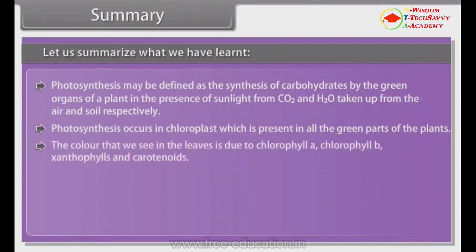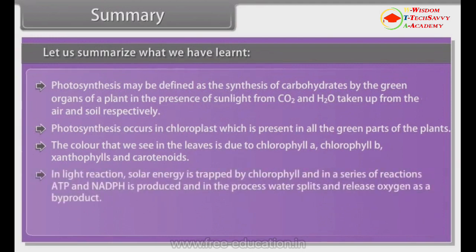The color that we see in the leaves is due to chlorophyll A, chlorophyll B, xanthophylls and carotenoids. In the light reaction, solar energy is trapped by chlorophyll, and in a series of reactions, ATP and NADPH are produced, and in the process, water splits and releases oxygen as a byproduct.